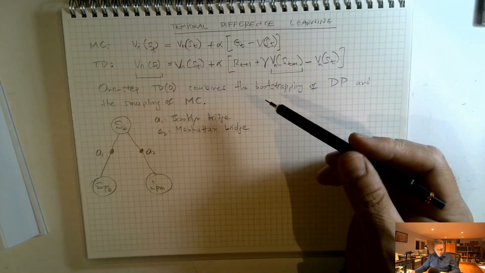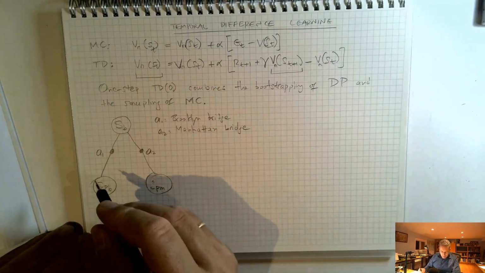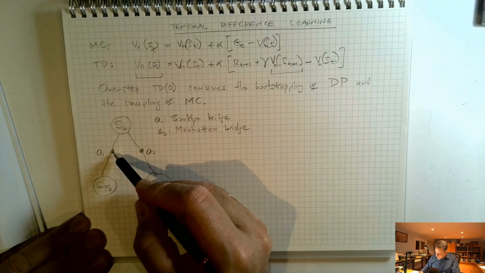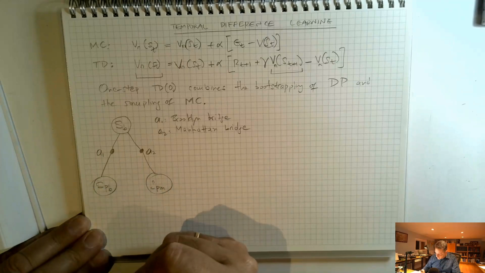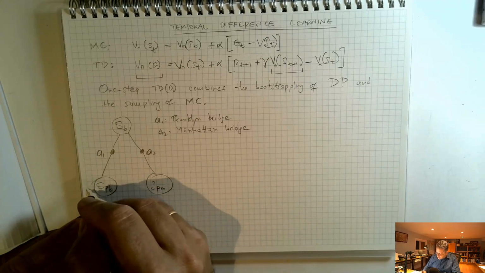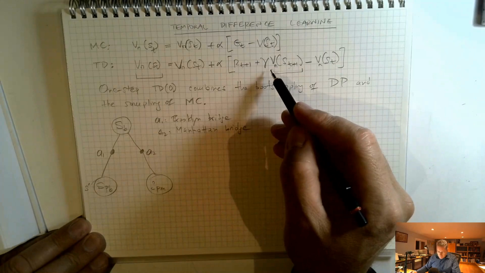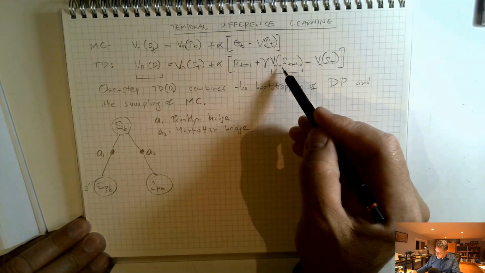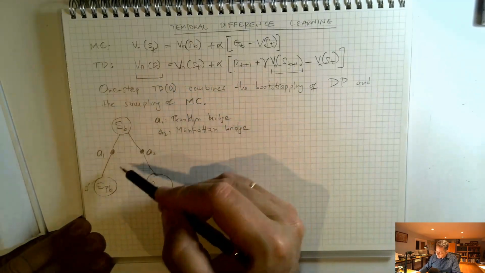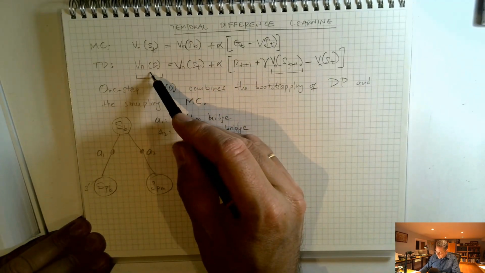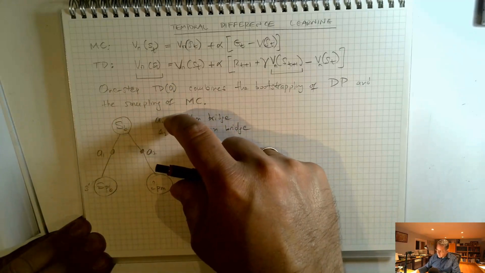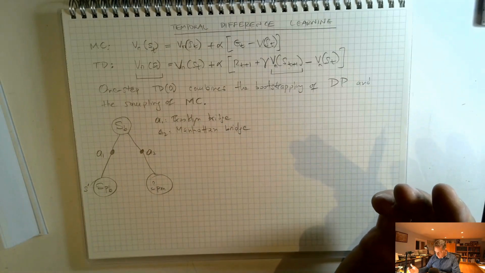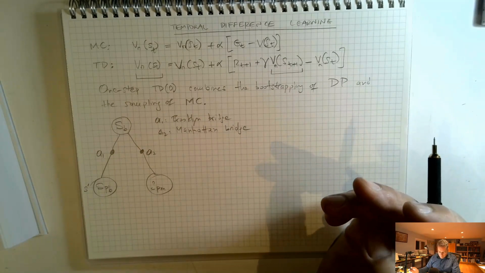We receive our reward here, the moment we take this action and land in these S prime states, and we use the estimates of these states to bootstrap and update the estimate of the state. Again, we're doing one step unrolling here, and this is what temporal difference actually is.